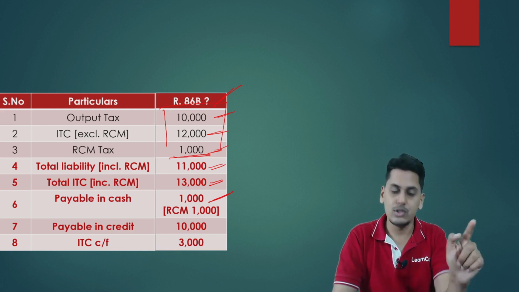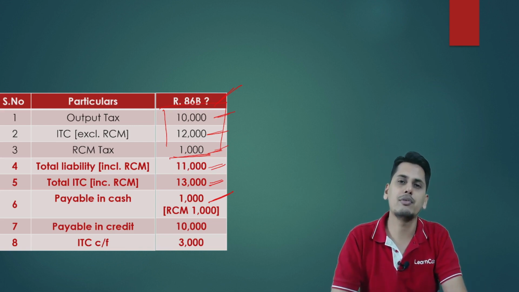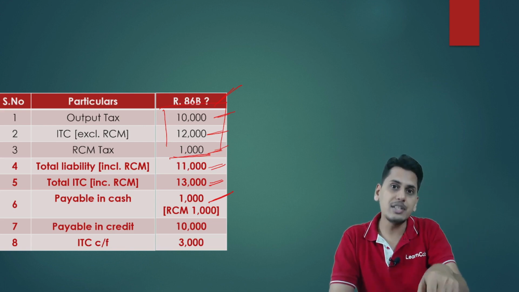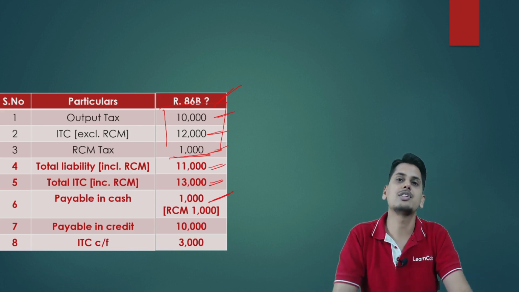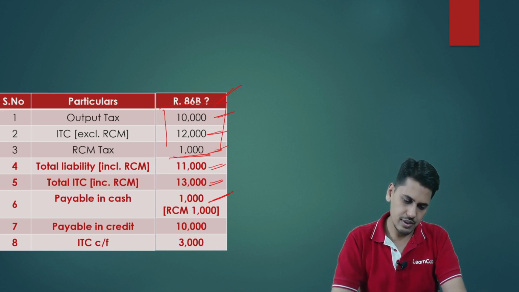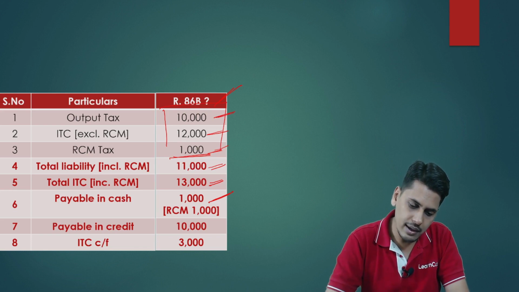Assuming this output tax liability of 10,000, if I am discharging it entirely from my electronic credit ledger, then the output tax liability is 10,000.